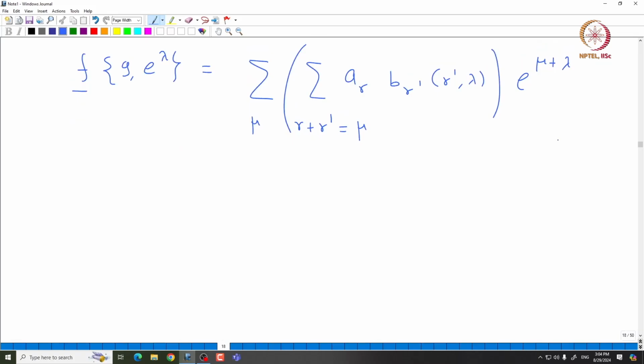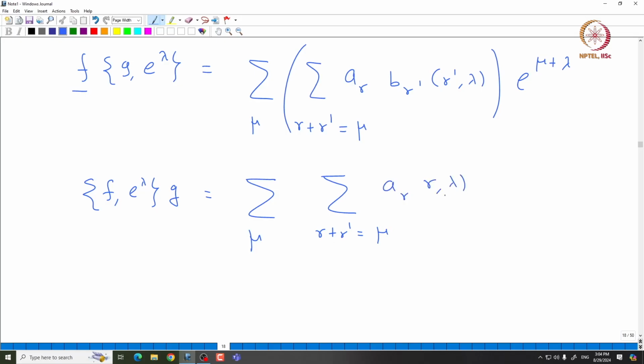And similarly, you can write down what will be [f, e^lambda] times g. If you write down [f, e^lambda] times g, this is something you can work out. This is going to be the sum over mu, summation again over gamma plus gamma' equal to mu, of a_gamma and then (gamma, lambda) times b_gamma' times e^(mu plus lambda) will come.